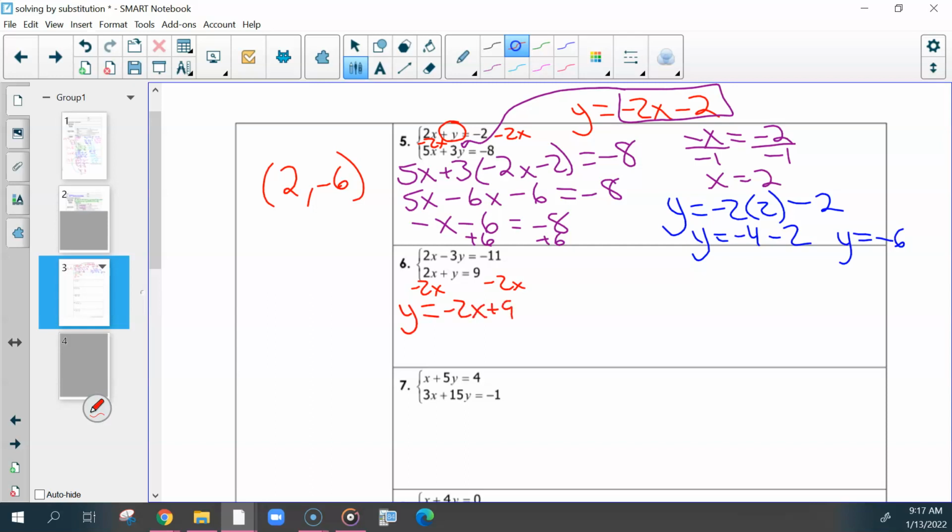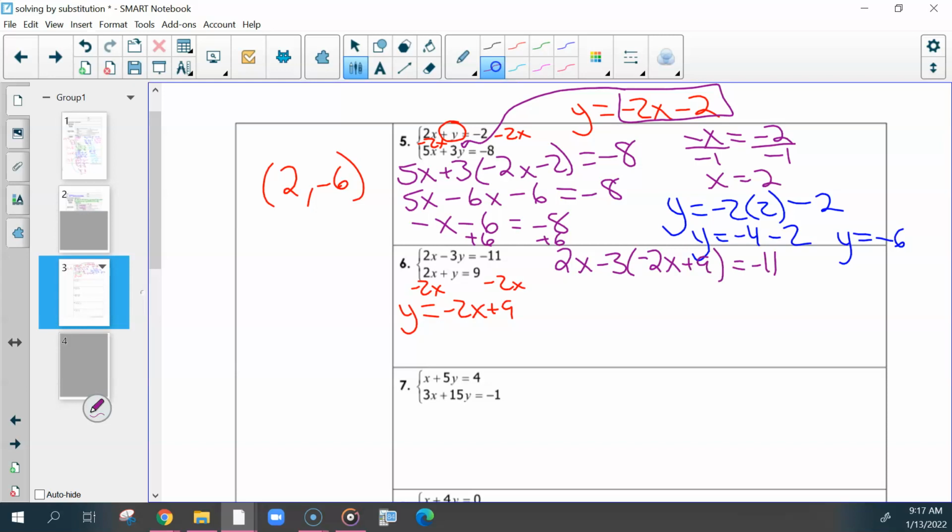And then you will replace it. How would I write that? 2x minus 3 times negative 2x plus 9, whole squared. Got it.